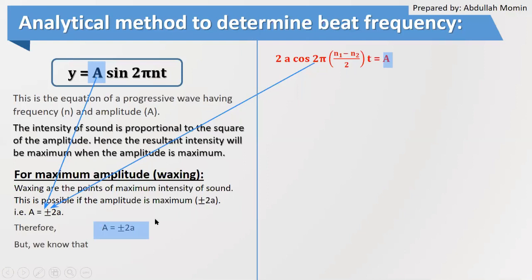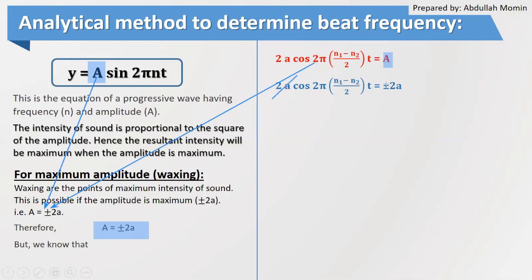That is the condition of waxing, the condition for maximum amplitude and maximum intensity of sound. Whenever the amplitude is ±2a, at these points we get the maximum sound.